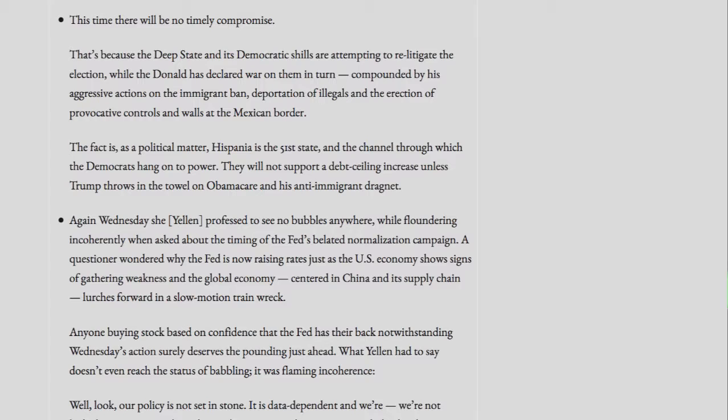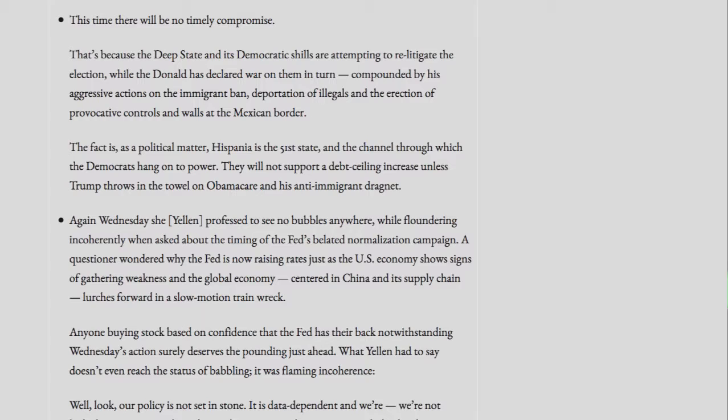A questioner wondered why the Fed is now raising rates just as the U.S. economy shows signs of gathering weakness and the global economy, centered in China and its supply chain, lurches forward in a slow-motion train wreck. Anyone buying stock based on confidence that the Fed has their back, notwithstanding Wednesday's action, surely deserves the pounding just ahead.